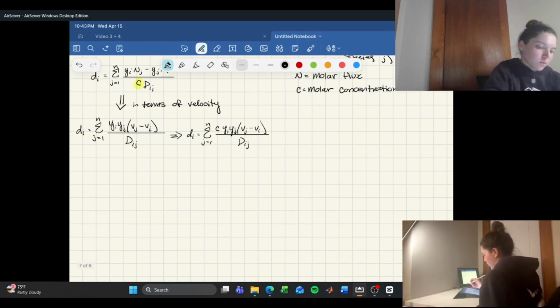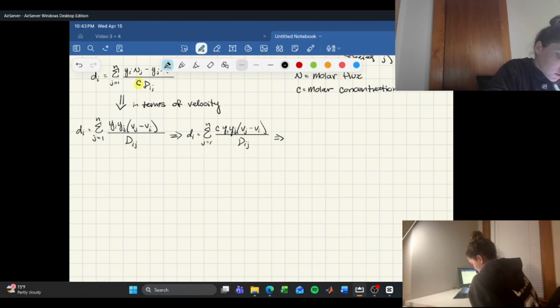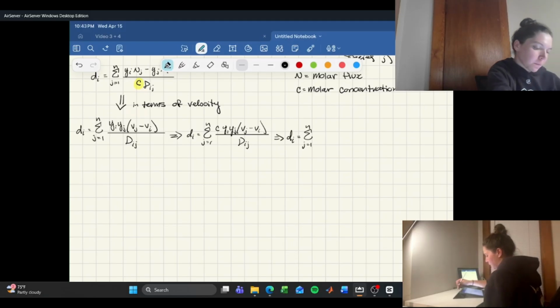So now if we multiply this out, we're going to have the driving force of I equal to the sum from j equal to 1 to n.